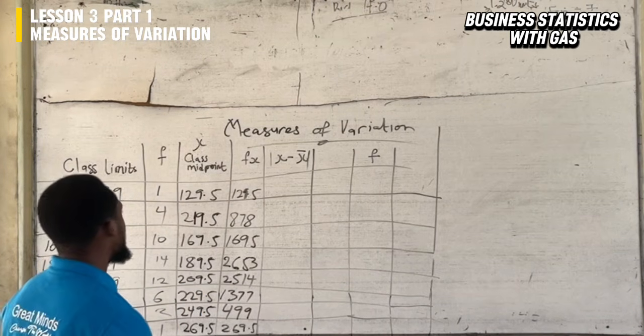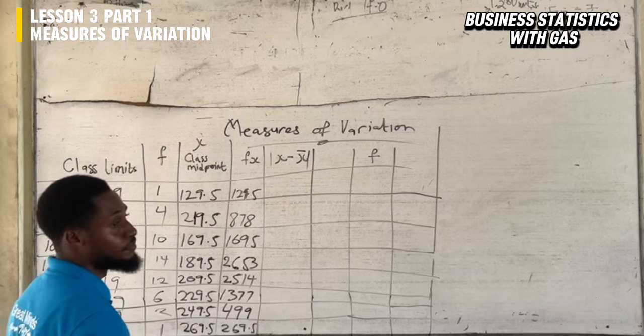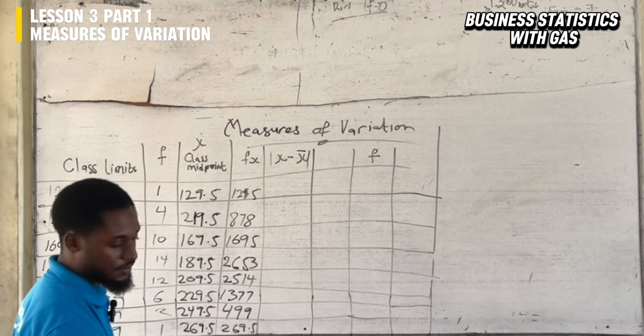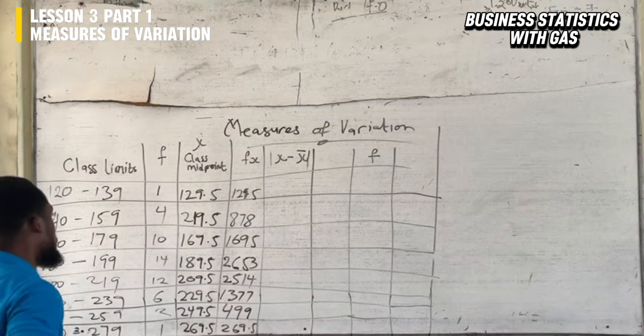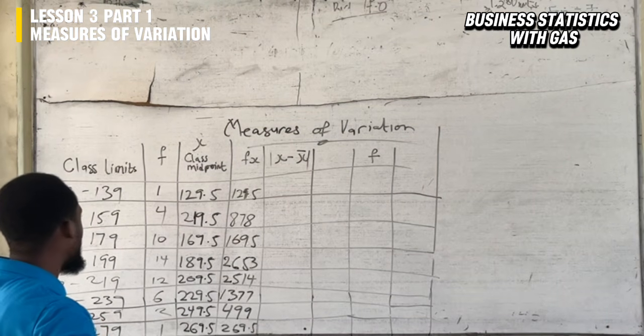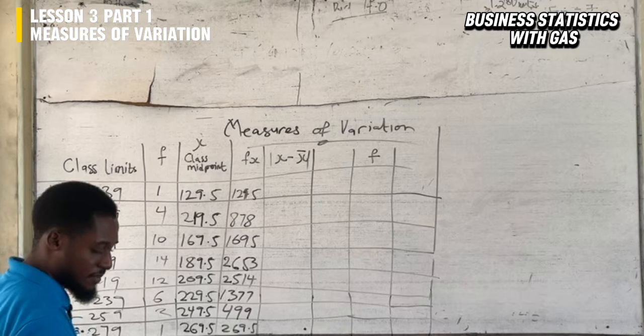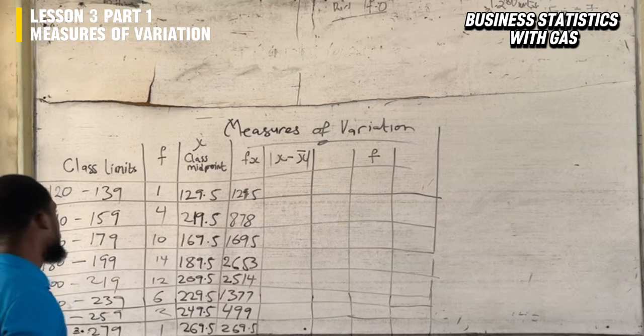Now let's find the absolute deviation. So now we have our x, but first we have to find our arithmetic mean. We tally all this, which is the sigma f.